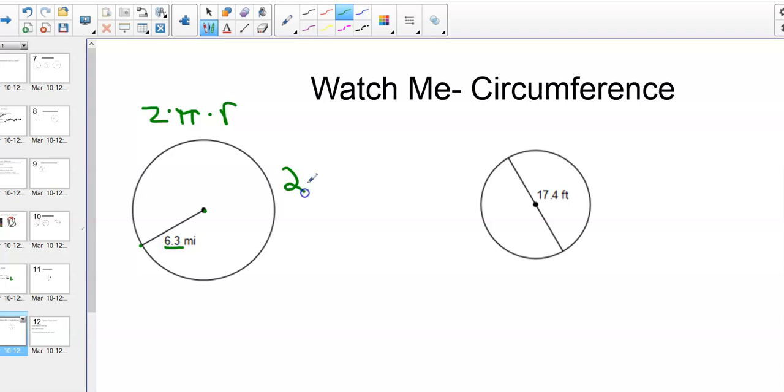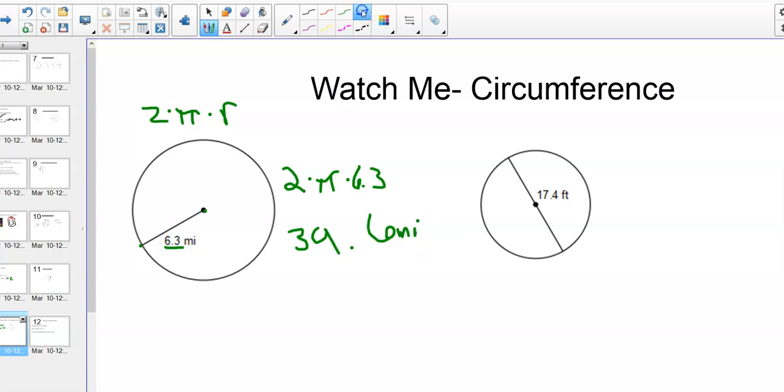So in my calculator, I'm going to do 2 times pi times 6.3. Go ahead and enter that in your calculators. If you don't have a pi button on your calculator, go ahead and just use 3.14. But 2 times pi times 6.3 gives me 39.58, or I'm going to round that up to 39.6 miles.